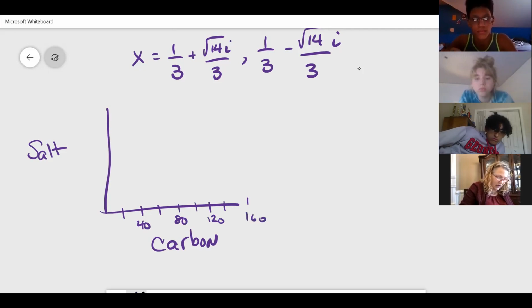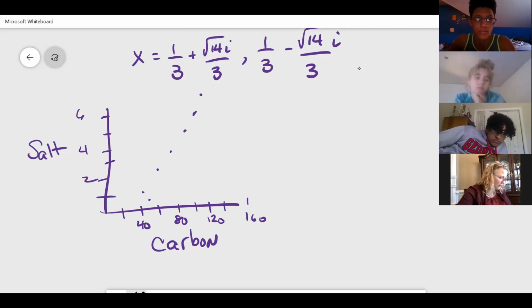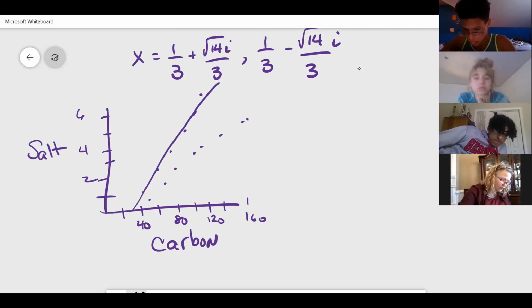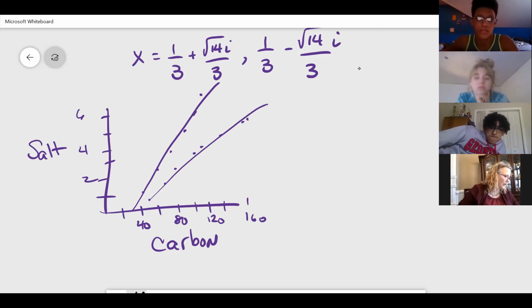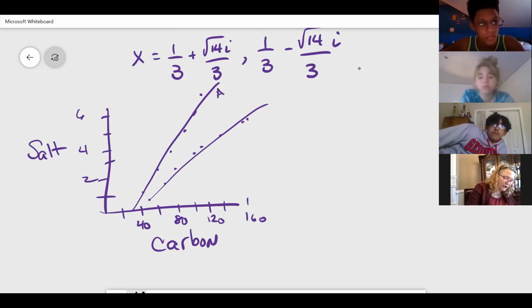Okay, you see that? And then over here, 2, 4, 6. And they've given you all of these plots that they've put up through there. You kind of see these two different things that they've got going there. What you're going to wind up doing is drawing two different lines that come through there, and they've labeled them for you. One of the lines is labeled line A, and the other one is going to be line B.